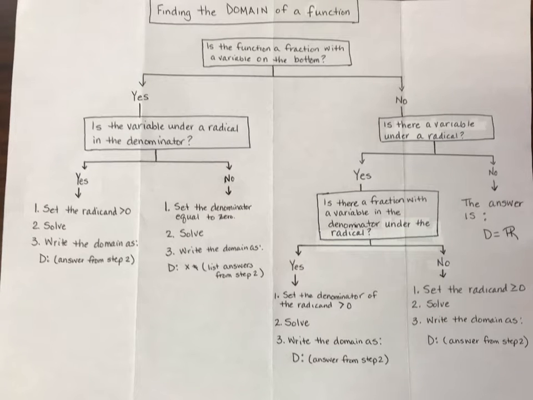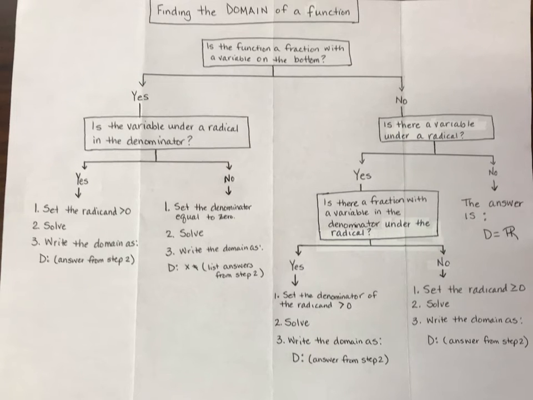Then I write my domain as there's my domain and the answer from this step. Let's say yes, I do have a fraction under my radical and my variable is in the bottom. So then I set the denominator of the radicand greater than 0, solve, and write the domain as that answer from step number 2. That's for this side.